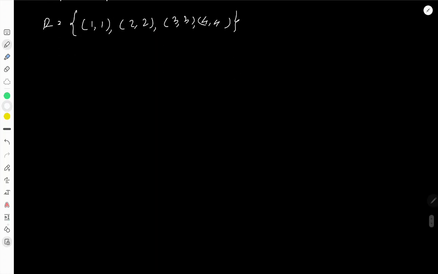And these are the elements that we get from the line passing through the origin and inclined at an angle of 45 degrees.